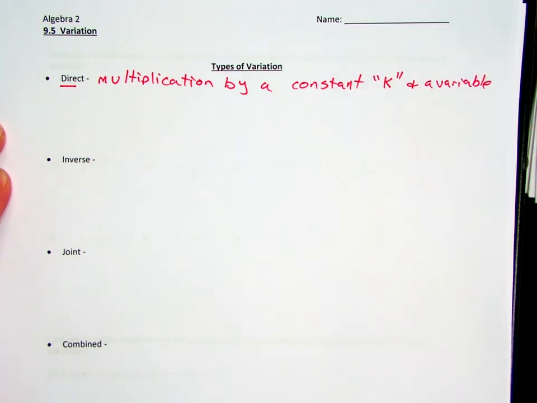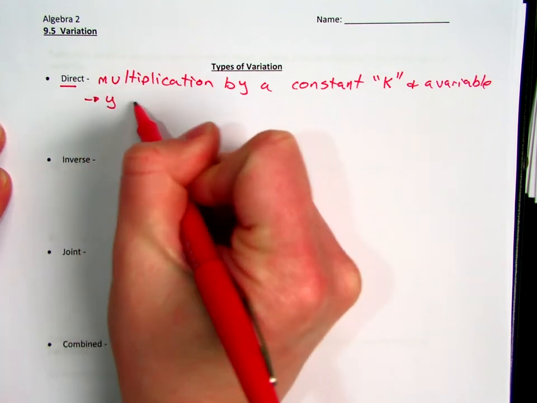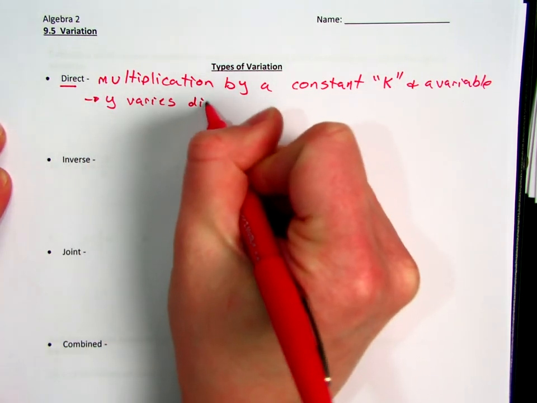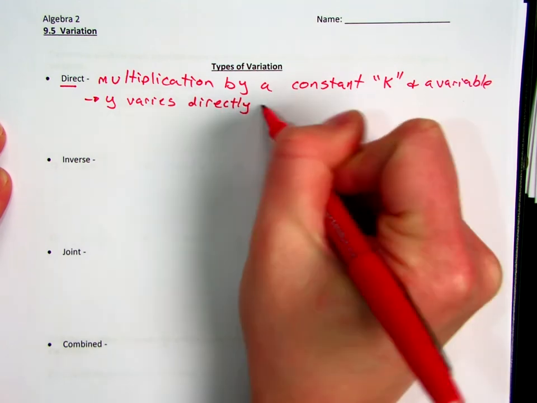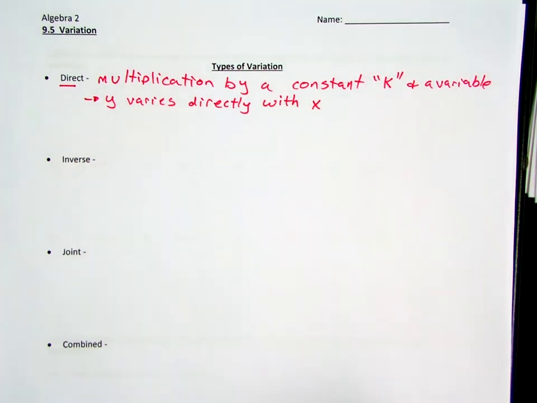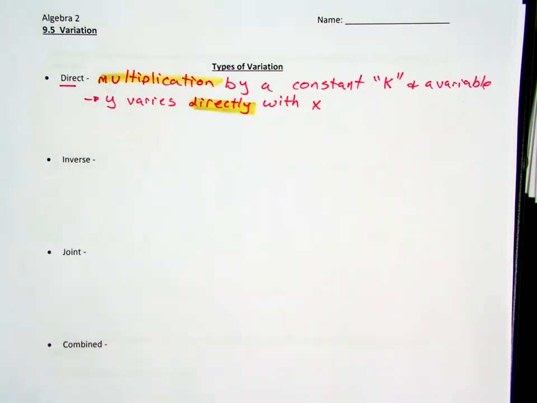So when you're doing these types of problems, what it might say is something along the lines of y varies directly with x. Okay? When I'm looking at that, the first thing that I see is directly. So as soon as I see that word directly, I should be thinking, okay, I need to be doing multiplication, because multiplication is direct variation.